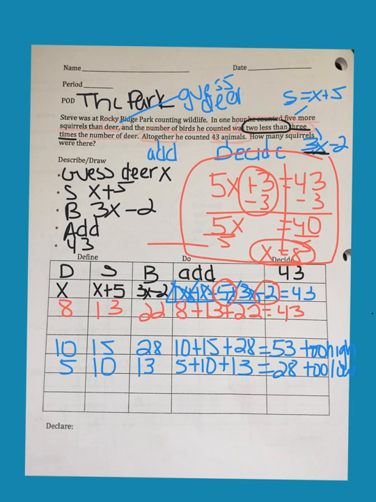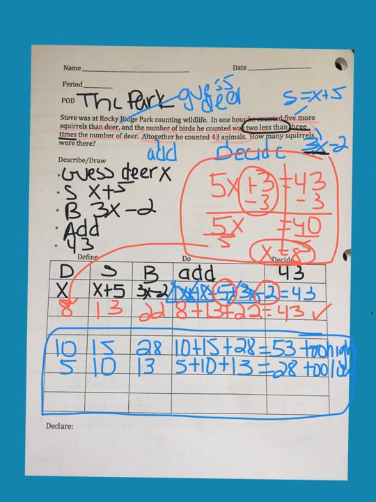So then I brought my number over to the deer and x equals 8. 8 plus 5 equals 13. And then 3 times 8 is 24. 24 minus 2 is 22. And 8 plus 13 plus 22 is 43. And that is correct.